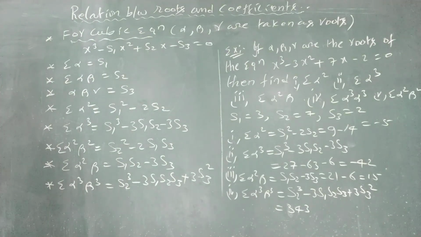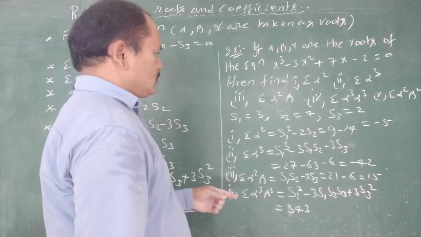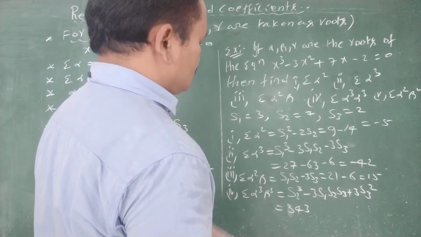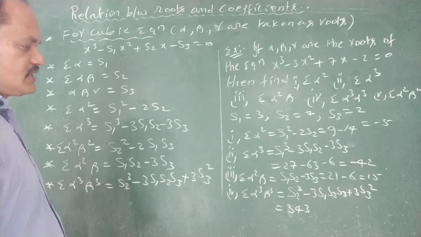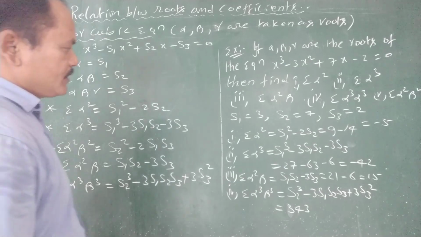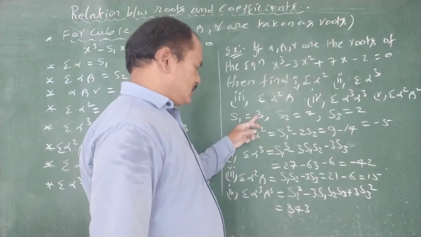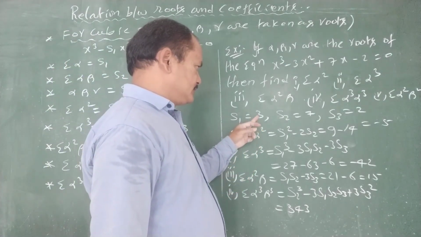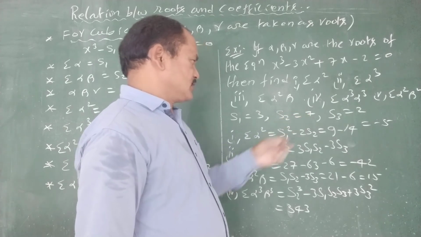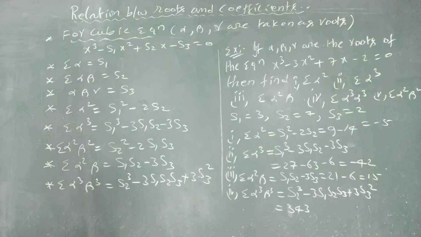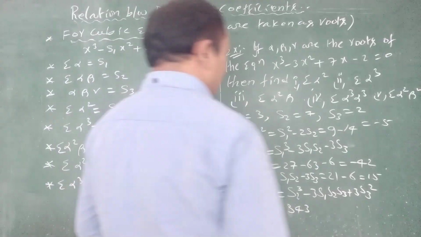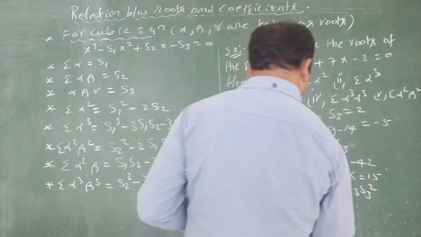Minus 3S1 S2 S3: 3 S1 is 9, 9 into 7 is 63, 63 into 2 is 126.